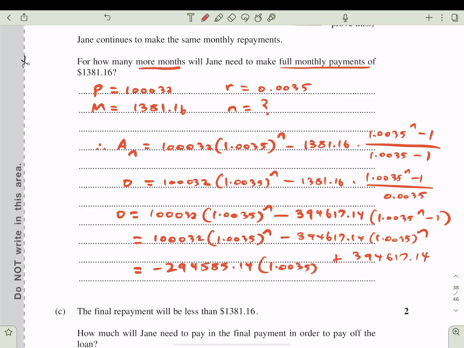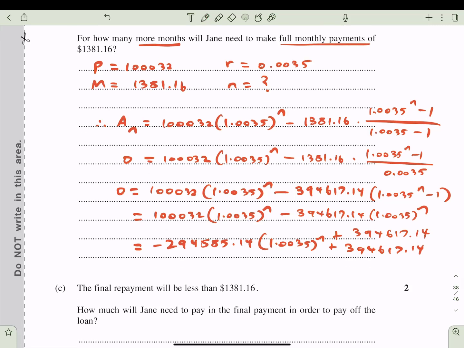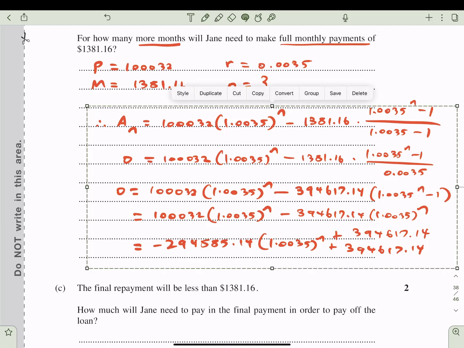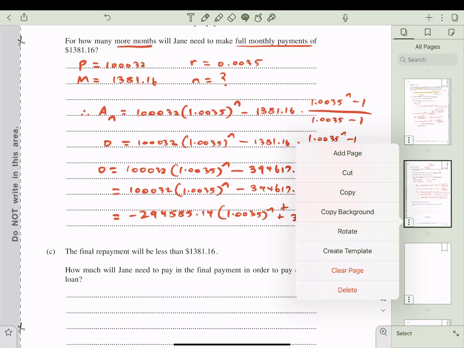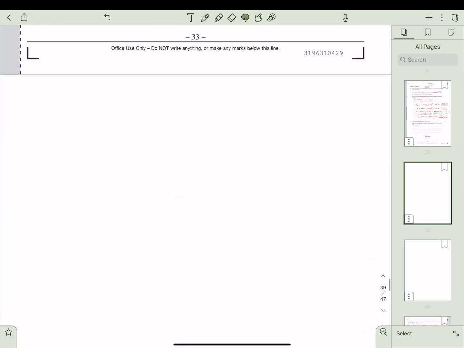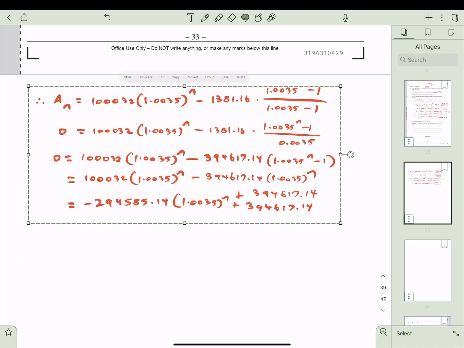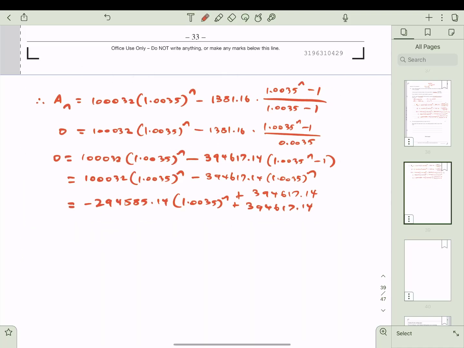So therefore, now that everything is simplified and cancelled out, I can now make it the subject, but I'm going to need some extra space. So what I'm going to do here is I'm going to copy our working out so far onto a blank page. So bear with me for a second. Copy. We're going to add a page down here. Okay, so this is my working out from before.